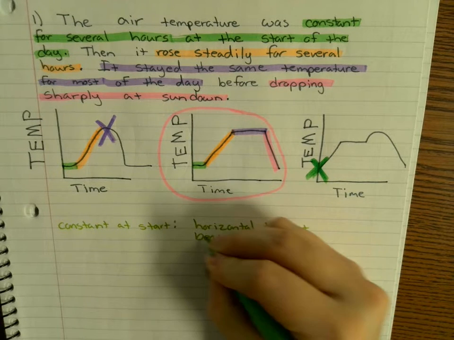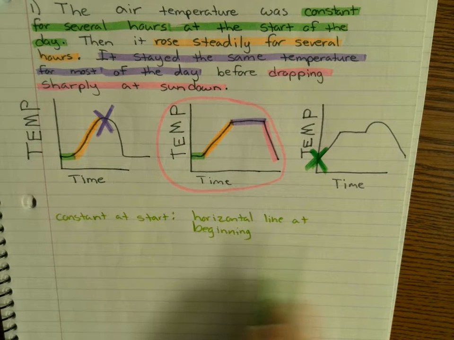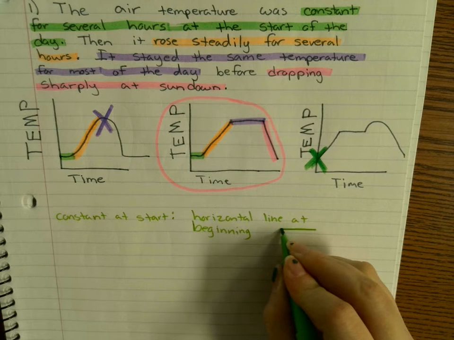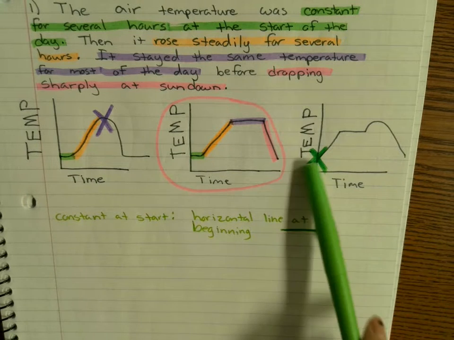Having a constant start meant that it was going to have a horizontal line. Horizontal line means it goes flat left and right. That's a horizontal line. Okay? So that's why we were able to eliminate graph 3.